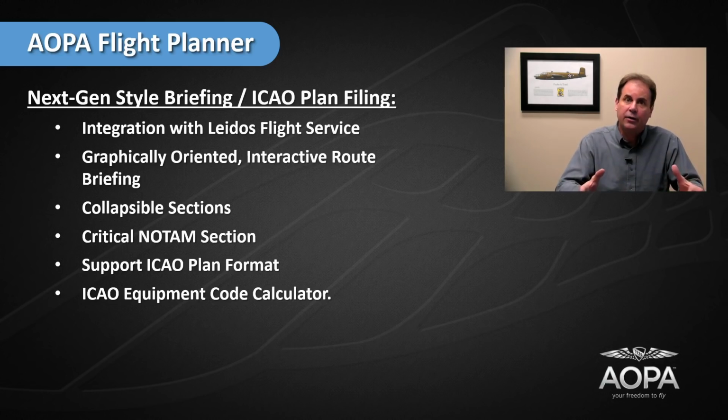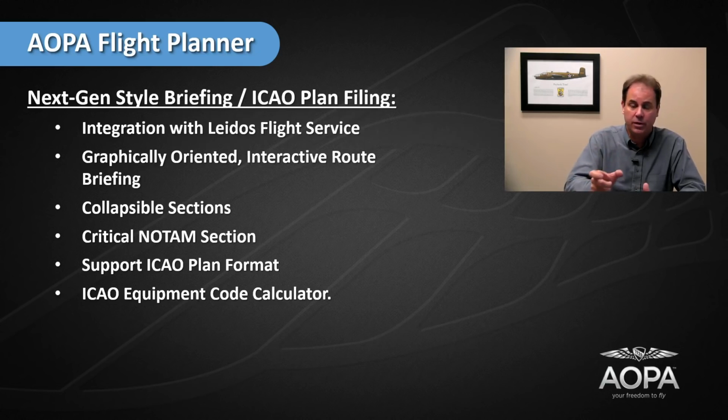We've built in a little calculator to simplify that, and you can use this equipment code calculator even if you don't use the AOPA Flight Planner. The code it generates, you can use in other devices. So if you want to copy that code and use it in ForeFlight or WingX or anything else that can file an ICAO format plan, you can do so. It's the same exact code. We just try to make it a little bit easier.